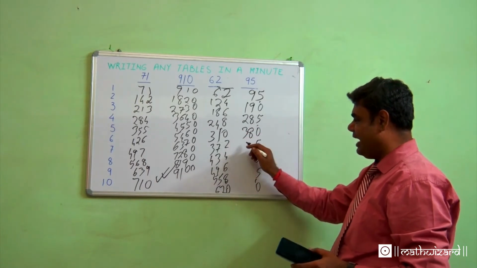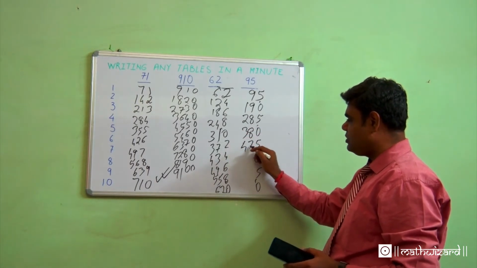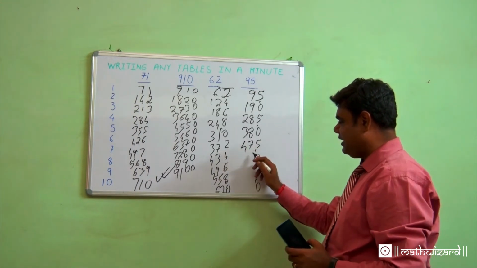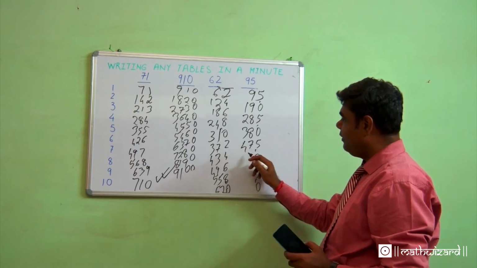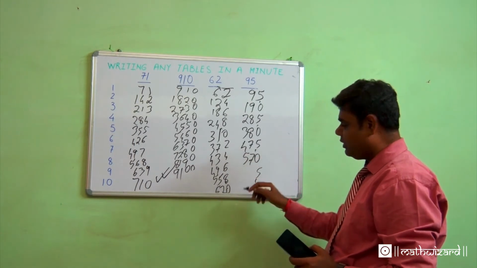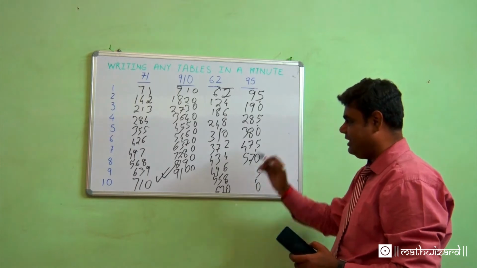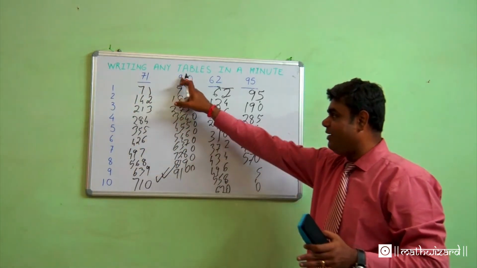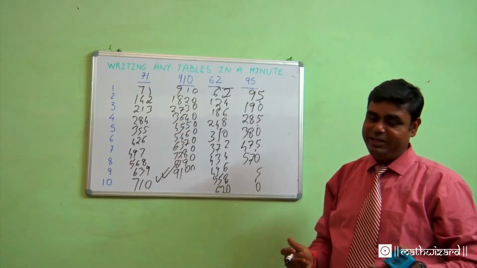Keep on adding 9. So this becomes 47. If I add another 9, it becomes 56 and 1, 57. Keep on adding 9 and you'll get the answer. Only thing, you should follow the pattern here and the first digit you have to write the tables.